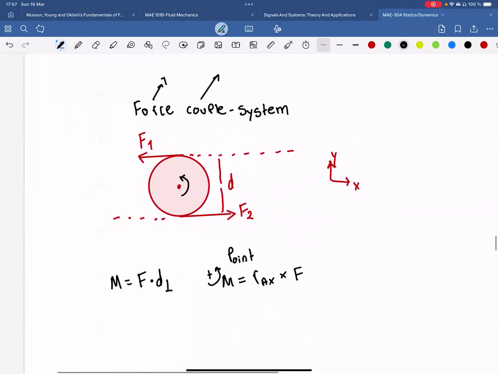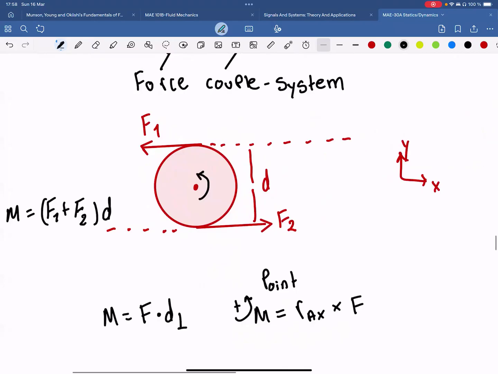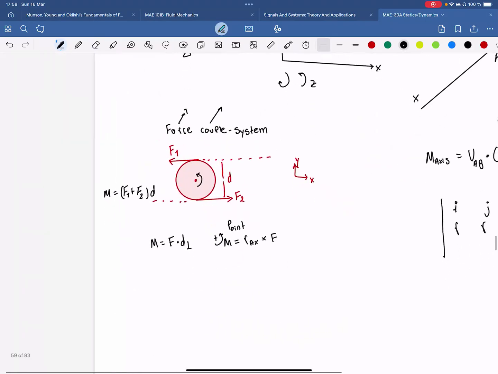And that moment is expressed as moment equal to F1 plus F2 times the distance between the two forces, right? That's for 2D, of course.